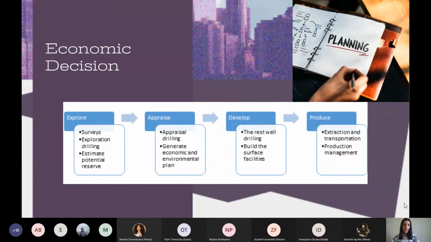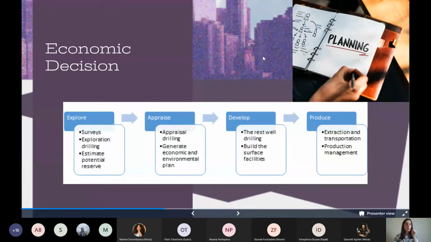This is the life cycle of an upstream project in the petroleum industry. You can see 4 steps. Actually, there are 5 steps. I will talk about the last step later. But we will start with the explore phase, or exploration step.